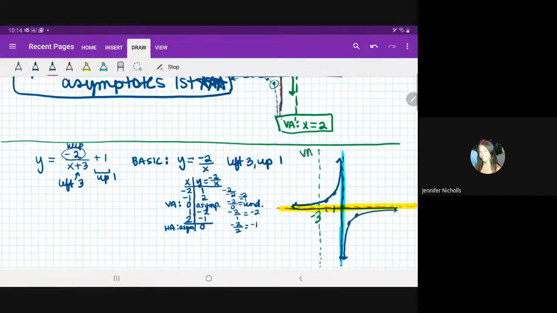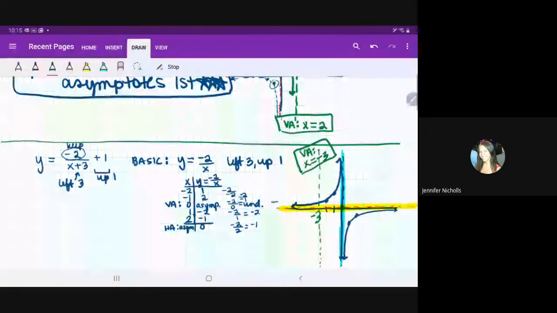And I might as well put right now vertical asymptote x equals -3. Okay. And then the yellow one, I need to move left 3 up 1. So the yellow one, I also need to move left, but left doesn't do anything. But when I go up 1, it shows up right here, up 1 from the yellow.